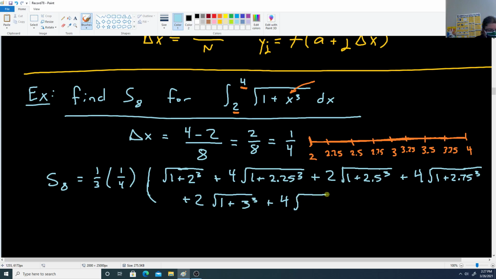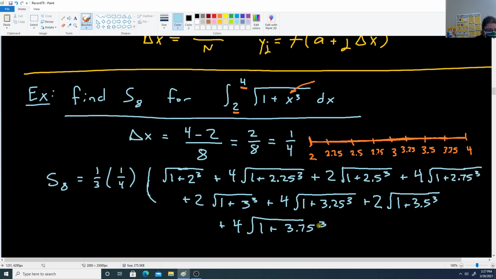Plus 4 times the square root of 1 plus 3.25 cubed. Plus 2 times the square root of 1 plus 3.5 cubed. Plus another 4 times the square root of 1 plus 3.75 cubed. And then the final one doesn't have a 4 or 2. It's just the square root of the last number, 1 plus 4 cubed.